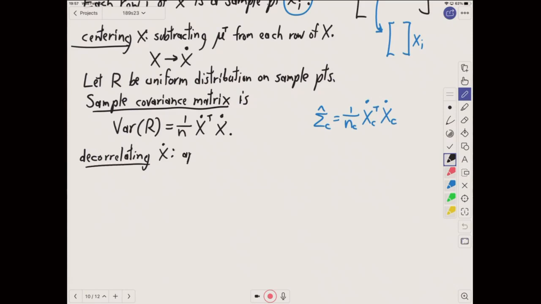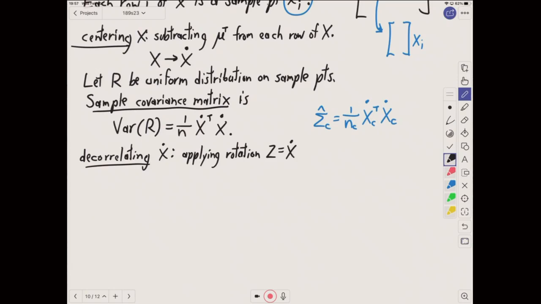So decorrelating means that if I compute the eigendecomposition of this thing, then I can use the matrix of eigenvectors to rotate X dot into a form where it's now axis aligned.